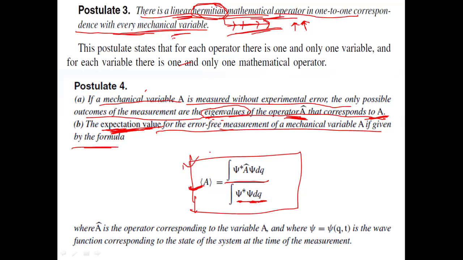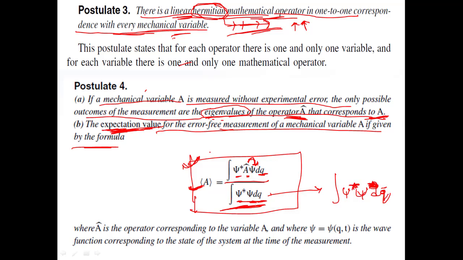Again I am skipping this postulate here because it is simple. You just have to operate on the wave function with the given operator, integrate, and find the value. And in the denominator, you have to multiply the complex conjugate of that wave function with the original wave function and integrate, then divide.